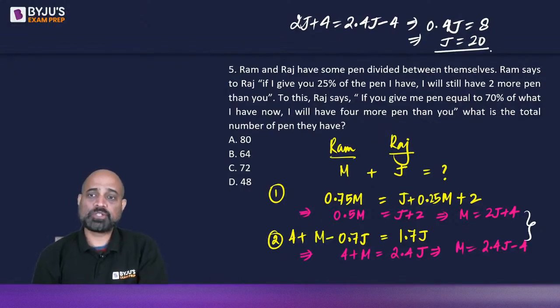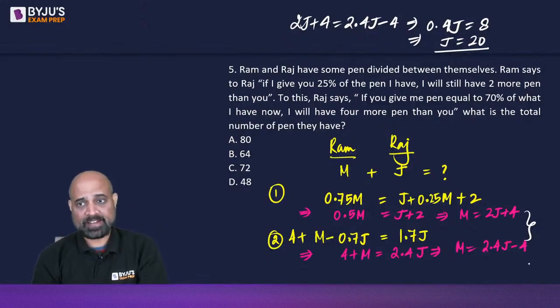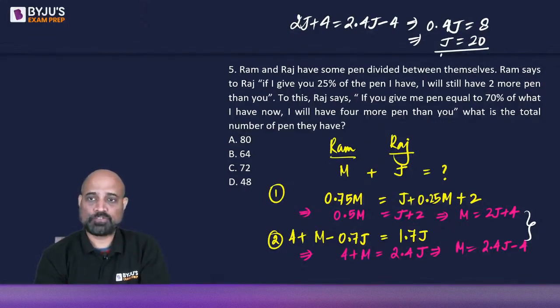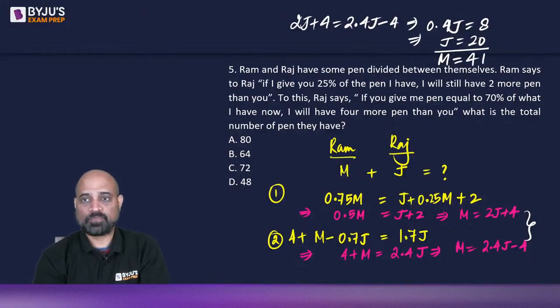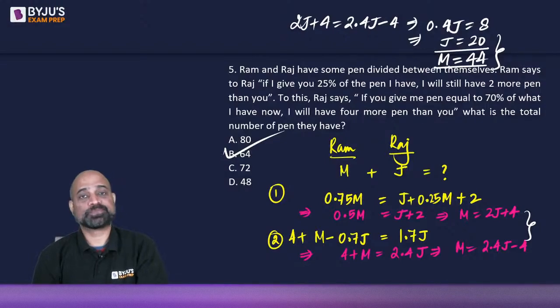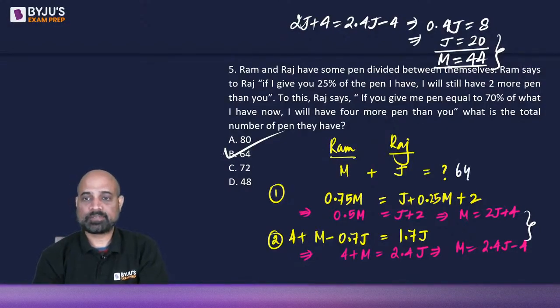If j is equal to 20, we can put it anywhere and get the value of m. If you find the value of m from here, we will have 2 into 20, 40 plus 4, 44. So the total number of pens they have with them is going to be 64, right?